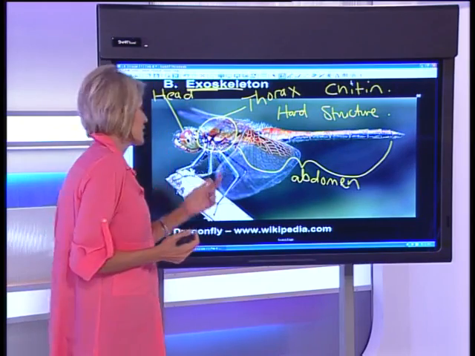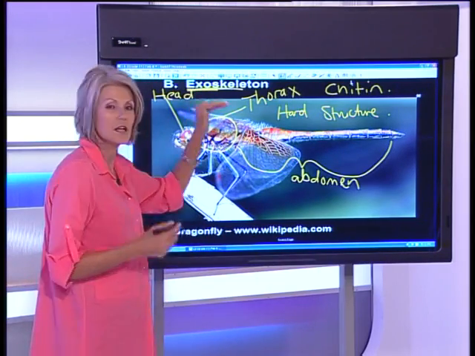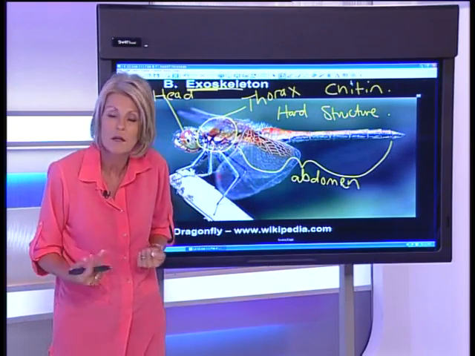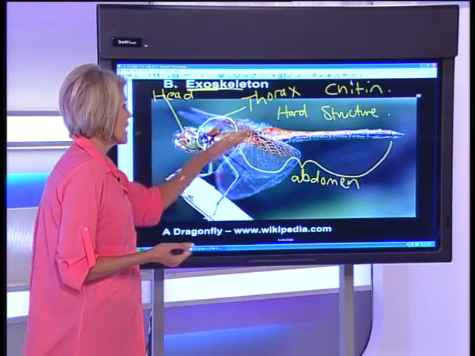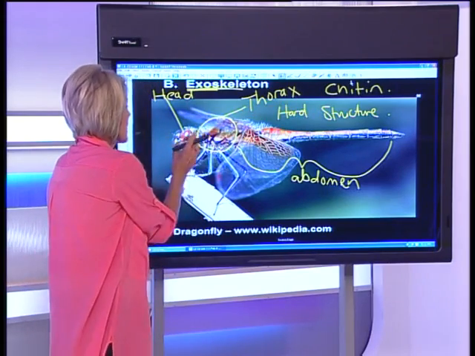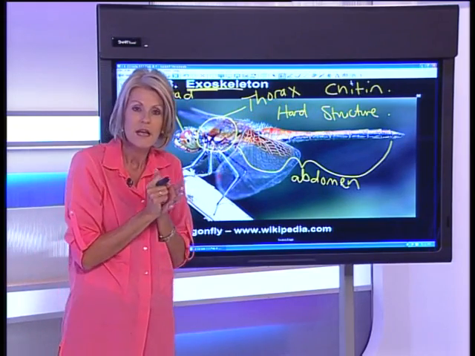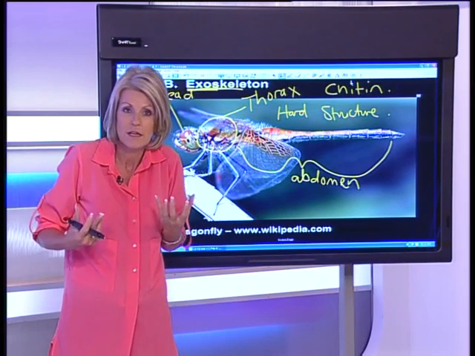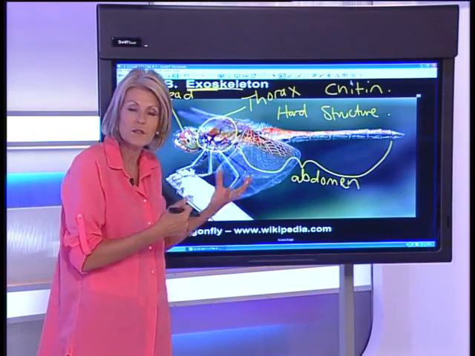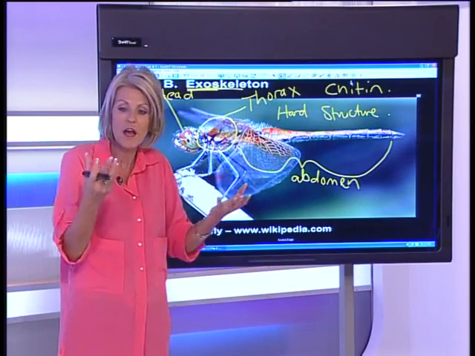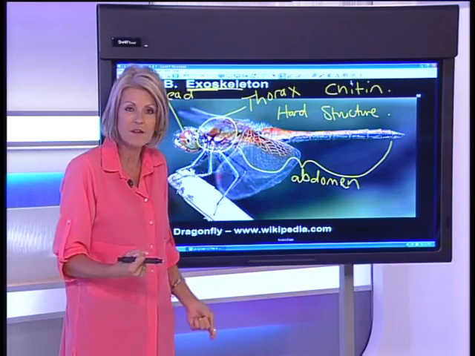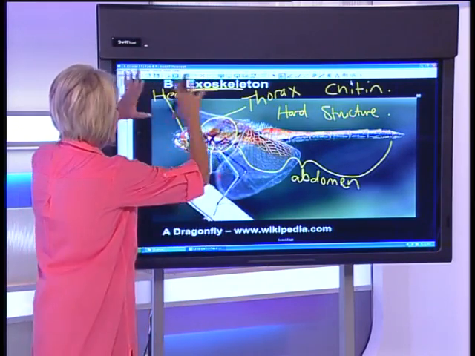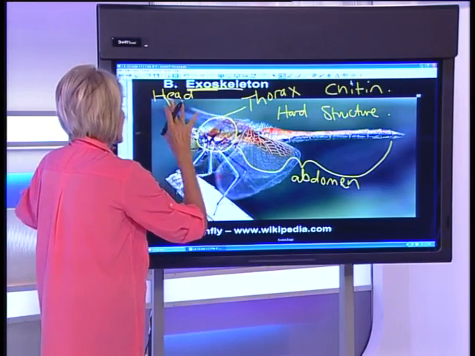So it's a very special kind of skeleton, and it protects these animals, but they are also very mobile. Why? Because this chitin, which makes up the head and the thorax, has low density, so it's very light. It means that the organism can actually fly without being weighed down by this armor suit. So that gives you the whole process of the exoskeleton.